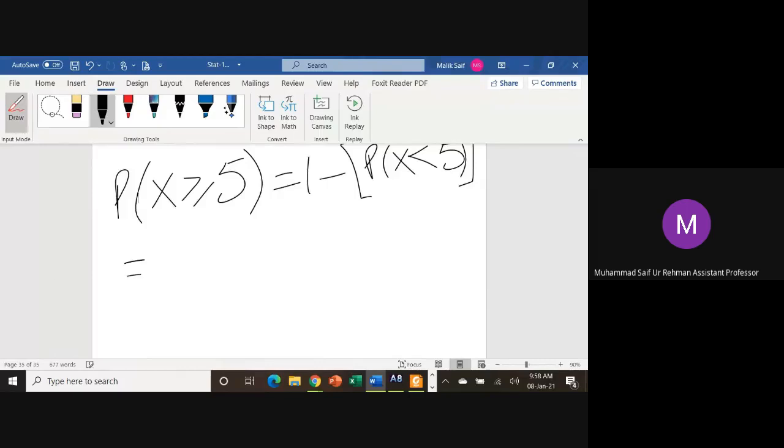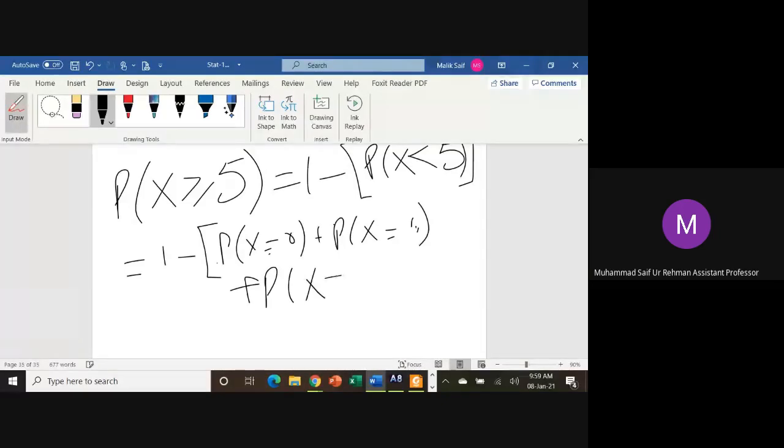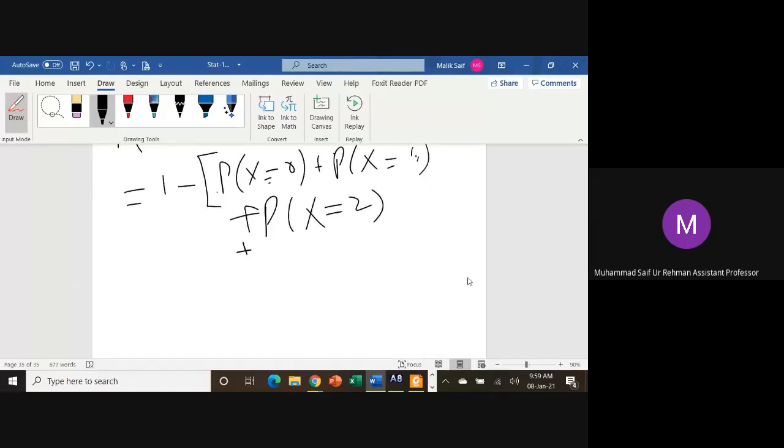I'm just going to write down the first term: probability of x is equal to 0 plus probability of x is equal to 1 plus probability of x is equal to 2 plus probability of x is equal to 3 plus probability of x is equal to 4.